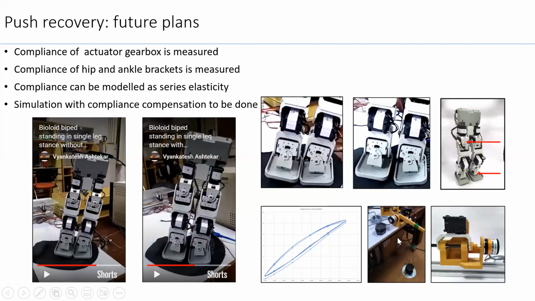And we have also measured the gearbox compliance with a high resolution encoder. And we have found out the stiffness curve, the load deflection curve. And we intend to model this as a series elastic compliance, which makes it easy, instead of link compliance. So this is again a part of an upcoming journal publication.